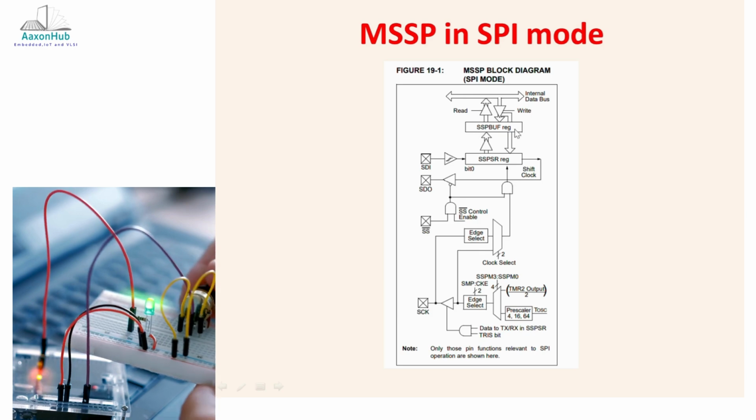This SSP buff register is associated with the shift register. Using that, your data will be serially shifted either out or in. In that manner, whether your master wants to send something or receive something, read and write operations can take place using the SSP buff register.